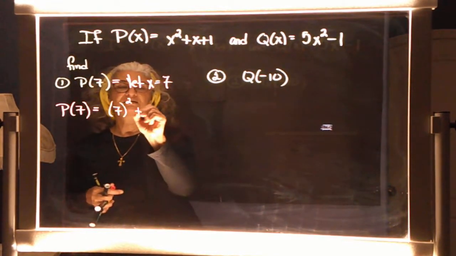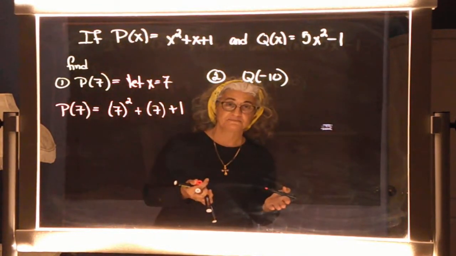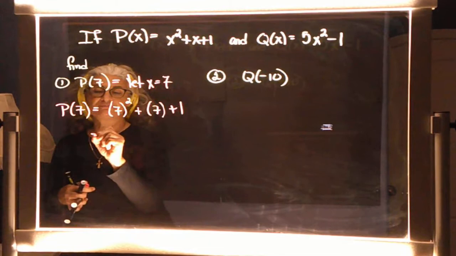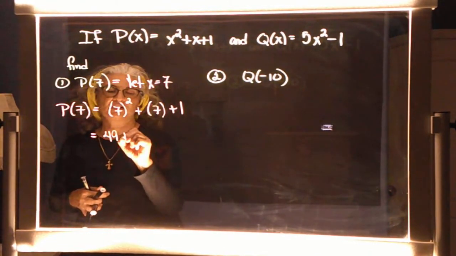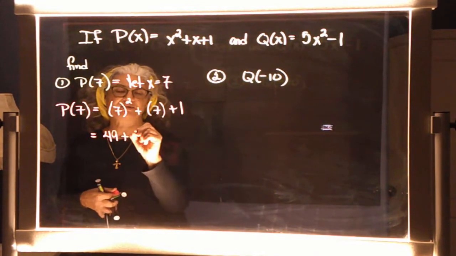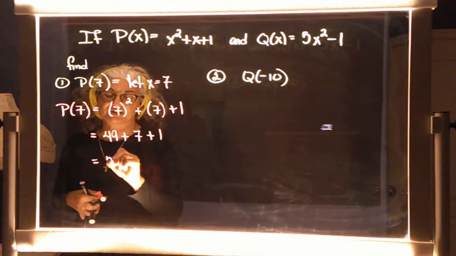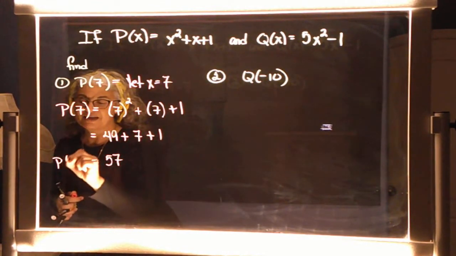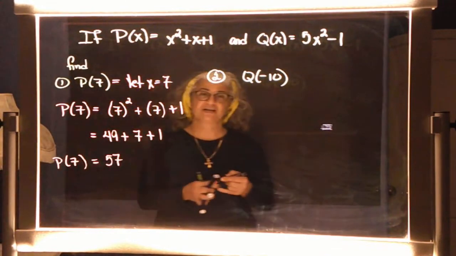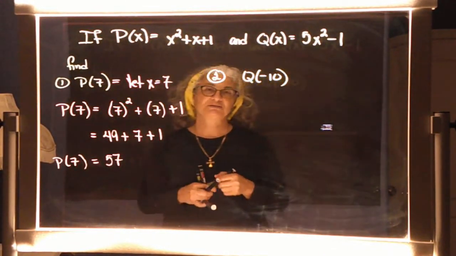Plus 7, and then plus the 1, right? Okay, so 7 squared, 49, plus, yeah, that's just going to be 7. And then plus 1, okay, stay off the calculators. What do you guys get? Good, 57. Excellent. So p of 7 is equal to 57. Cool?